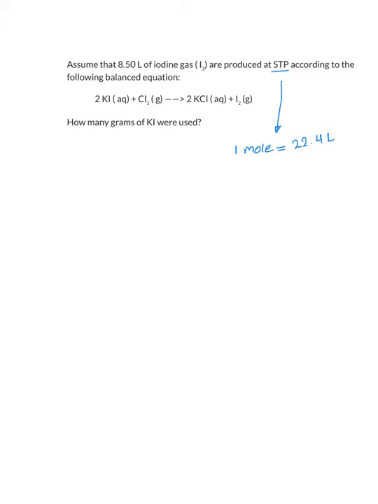So in this question, if you look at the first line, you'll see that we have 8.50 liters of iodine. So what is given is the volume of iodine, and it is asked for the grams of potassium iodide that were used.